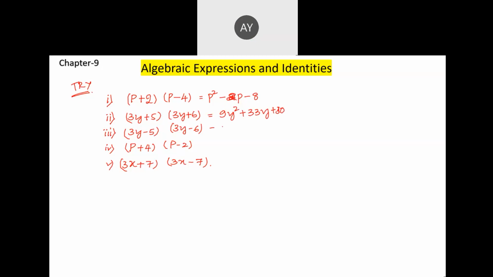Sir, 9y square minus 33y plus 30. Sir, p square plus 2p minus 8. And sir, 9x square minus 49. So hope all of you have got the same answer. Yes, sir.